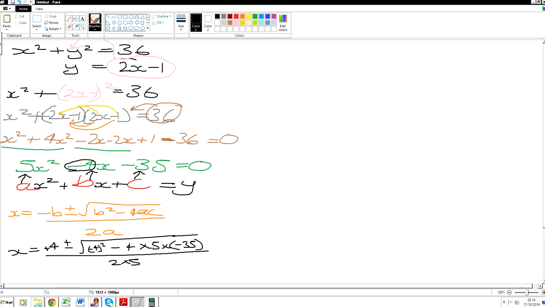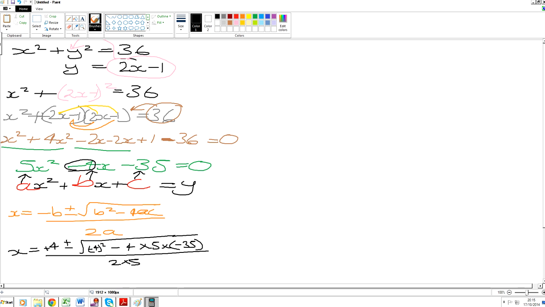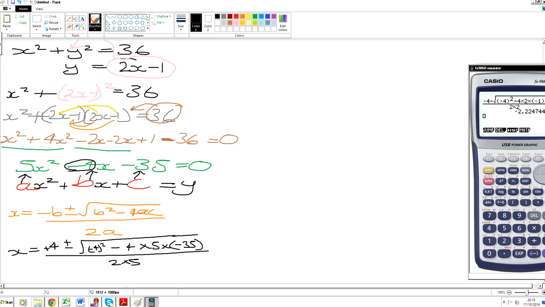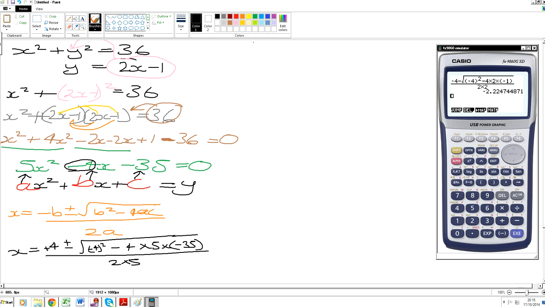So let's have a quick go at that using the calculator. Okay, calculator over here, please. Alright, let's have a look. So let's put that in. It's going to be fraction, 4 plus first of all, and then we use the shift square root.